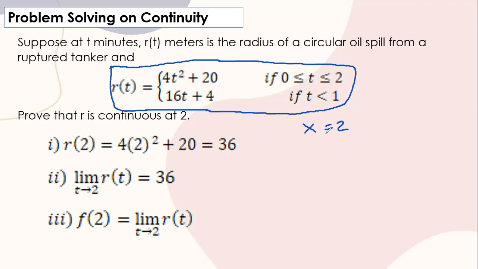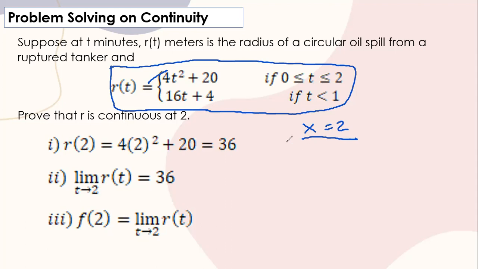So test daw natin at x equal to 2. Okay, so since ang given natin ay x equal to 2, ang gagamitin nating condition is the first one, 4t squared plus 20. So for testing the three conditions, we'll be using the first one.